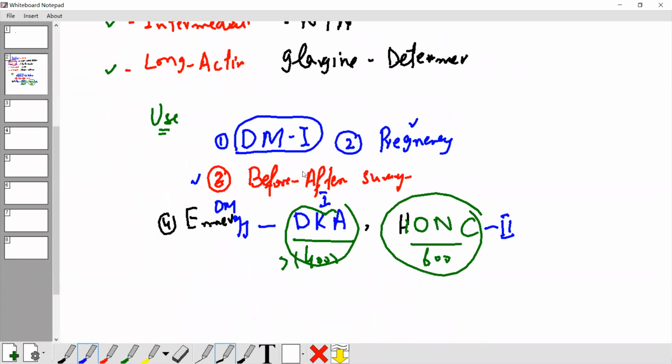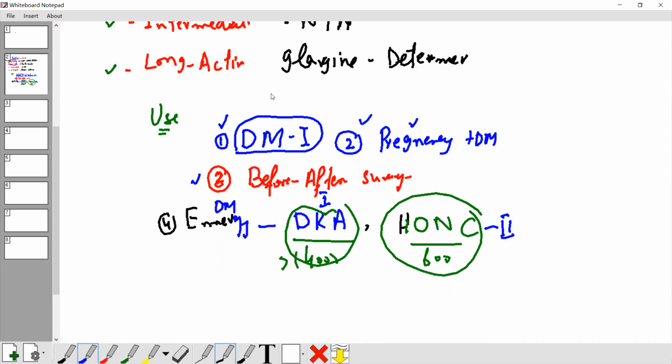Now to summarize the uses. If the patient has diabetes with pregnancy, or diabetes due to pregnancy, in both situations, if already diabetic and now she has conceived, we must shift the patient to insulin.